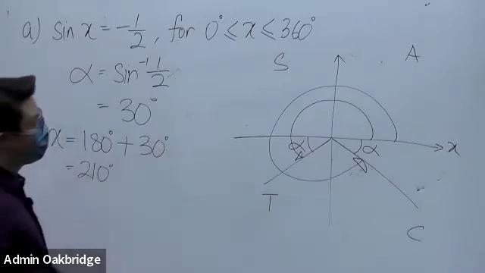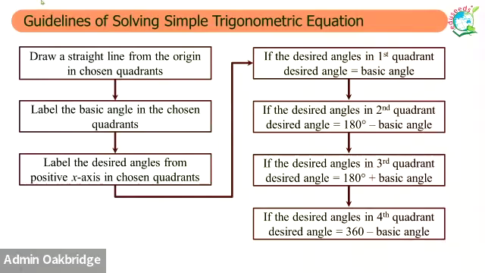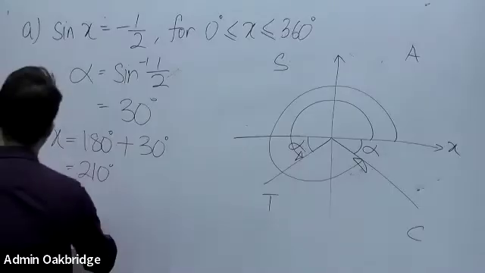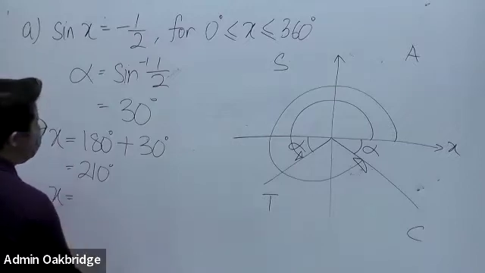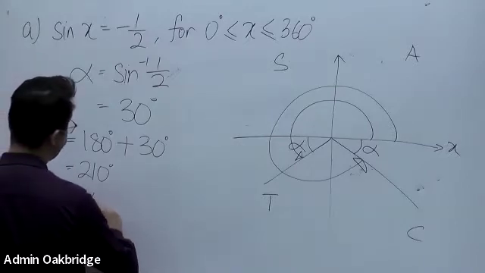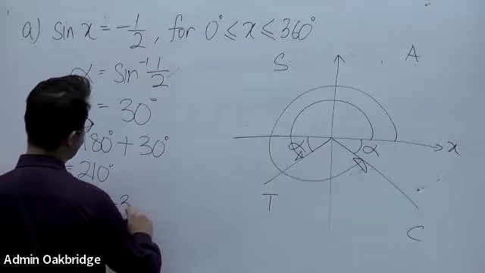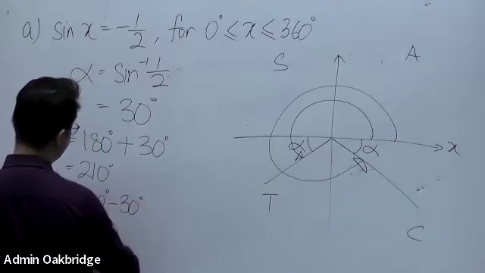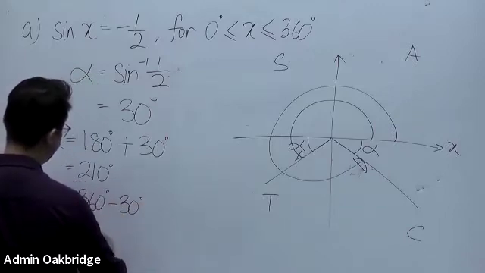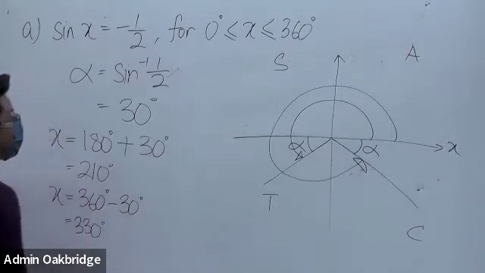How about the next one? The next one in the fourth quadrant, 360 minus the basic angle. So we can have another answer here, 360 minus the basic angle, and now we have 330.